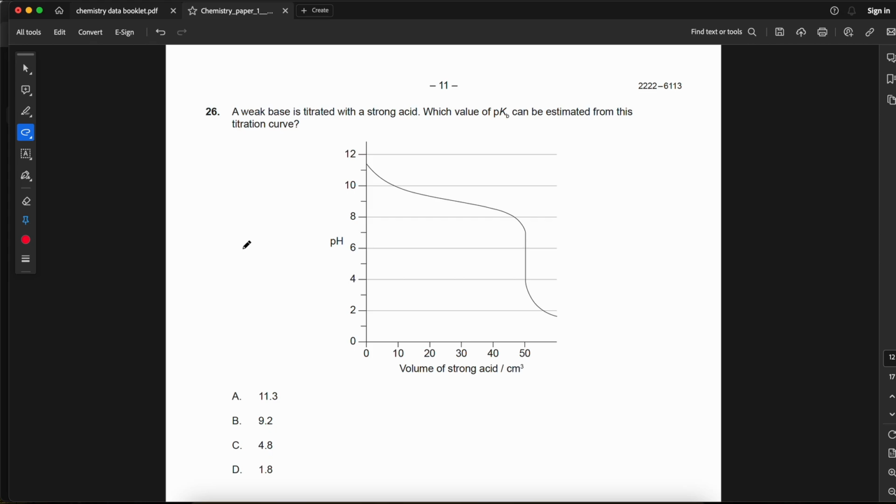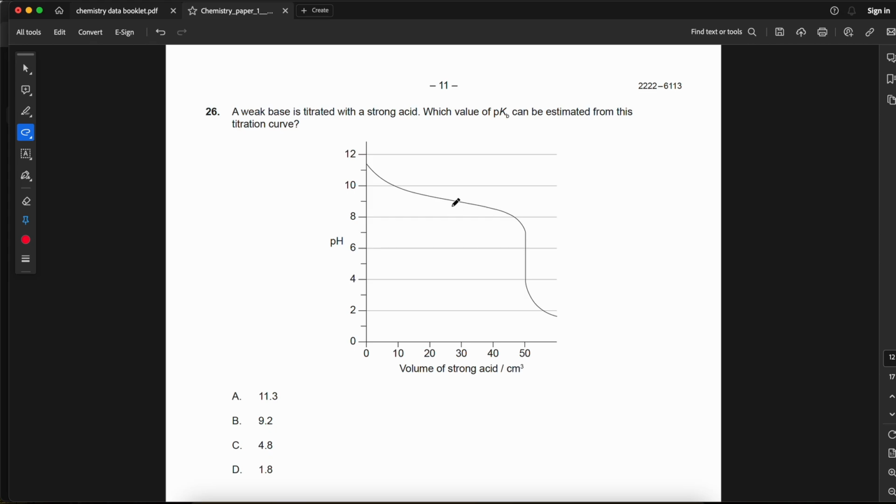As you can see, this curve is between strong base and also strong acid. So to determine the pKb, this is pH, so at half of the equivalence you will get pKa.